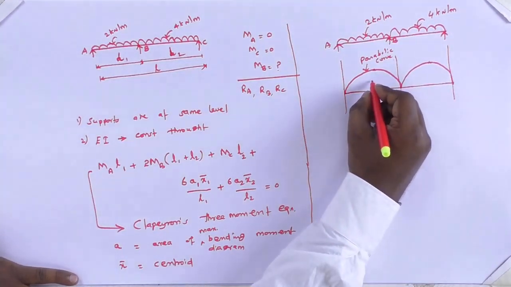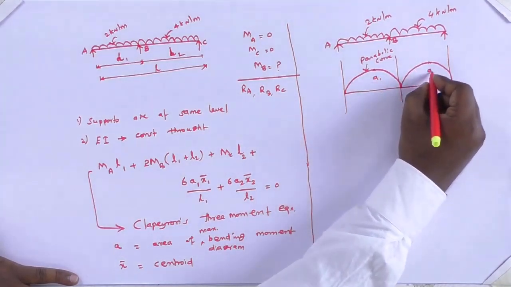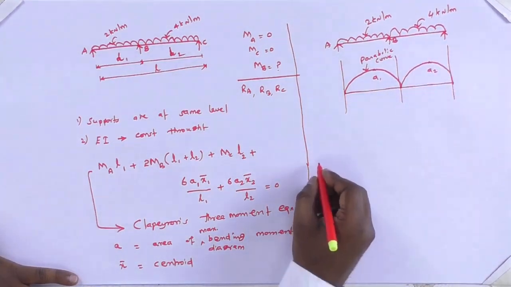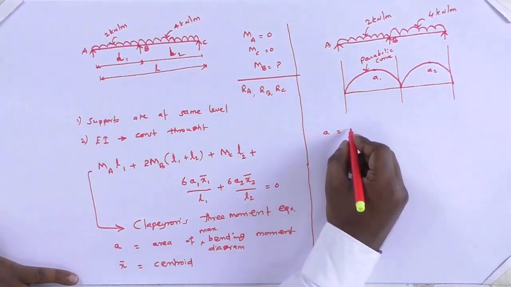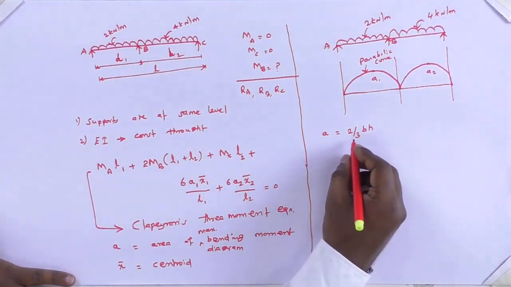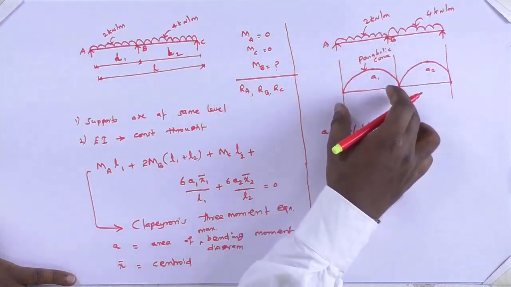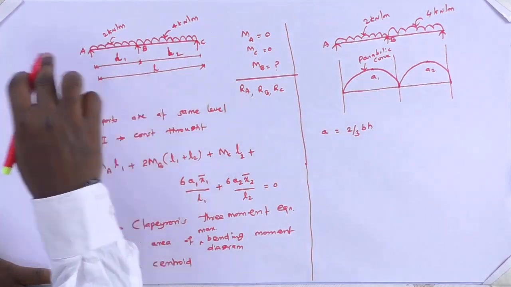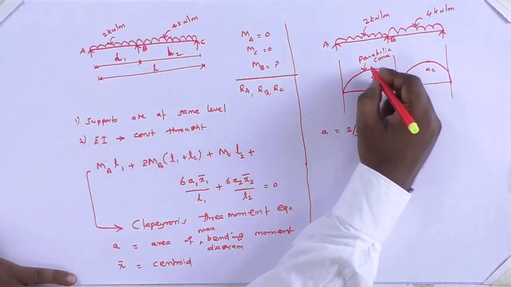Now find what is the area A1 and A2. Since it is a parabolic curve, for a parabola, the area will be 2 by 3 into B into H. So B refers to the base. So here for the AB section diagram, the base is nothing but L1. And H refers to the maximum bending moment value.